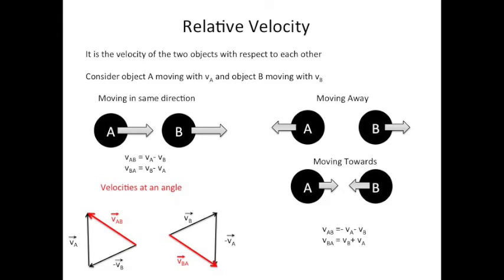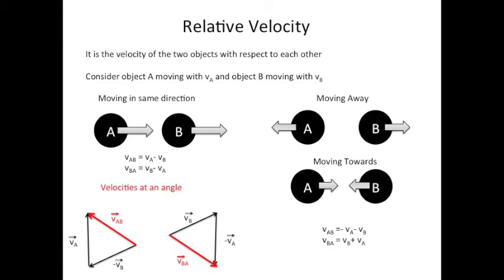So as you can see, the head of VB is touching the tail of VA, and the resultant vector is such that the tail of the resultant vector VAB touches the tail of VB, but its head touches the head of VA. So you have to position the vectors in such a way. So that's how we find VAB. What about VBA?